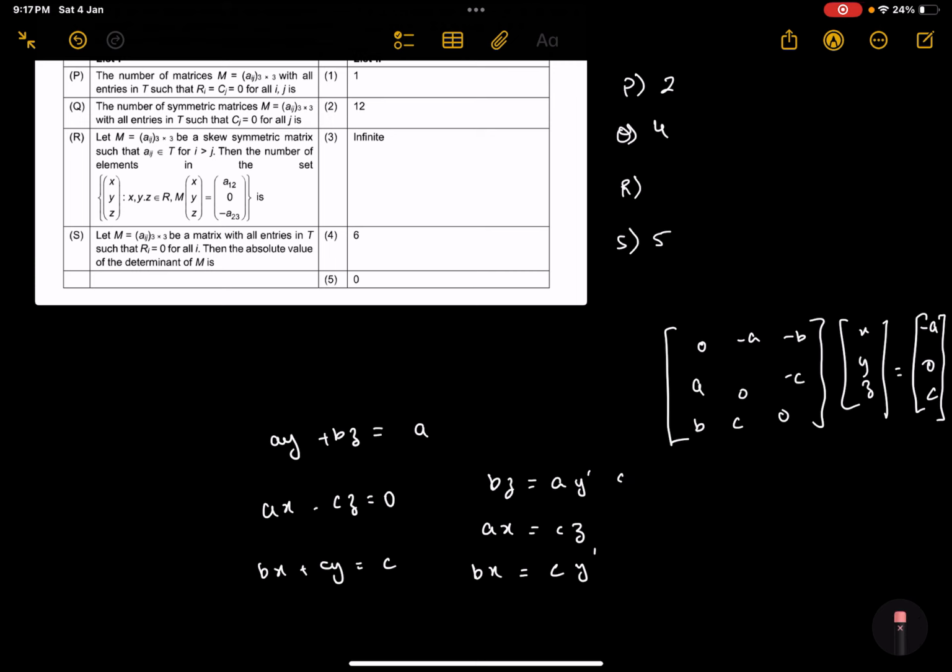So we multiply this by A and this by B. Equating these two, we get BCZ equals ACY prime, and since C is from T, it's non-zero, so we can cancel out C. We get the third equation. That means there are infinite solutions for this system of equations. So R is mapped to 3.